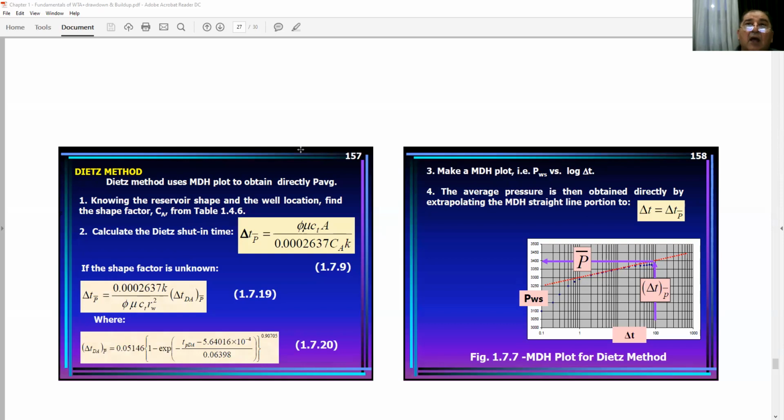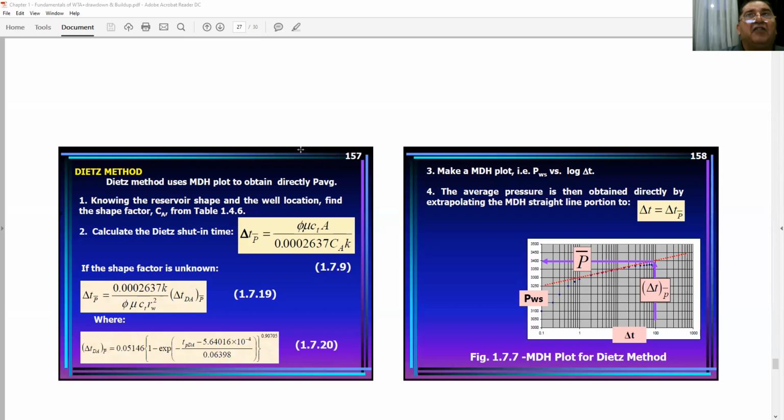Using this technique, first of all, we need to know the reservoir shape. If we know the reservoir shape, we can estimate the value of the shape factor.